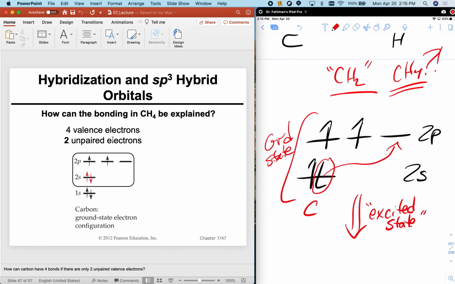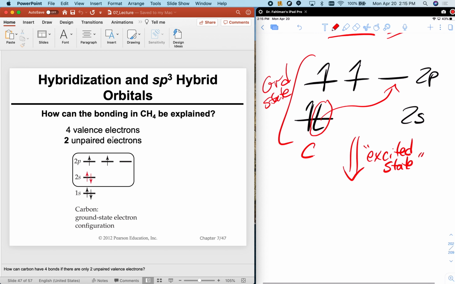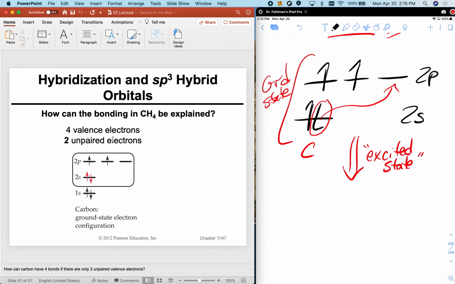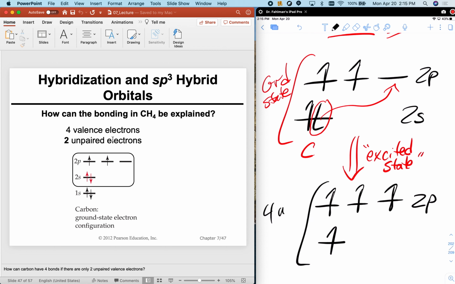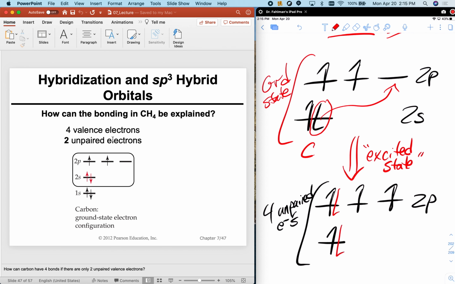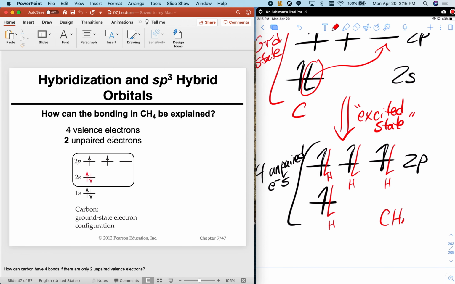But when it's forming a bond, it actually makes sense energetically that this electron is promoted up, so now you've got this excited state configuration. Now I've got four unpaired electrons that can pair up with an appropriate electron from hydrogen to give me a CH4.